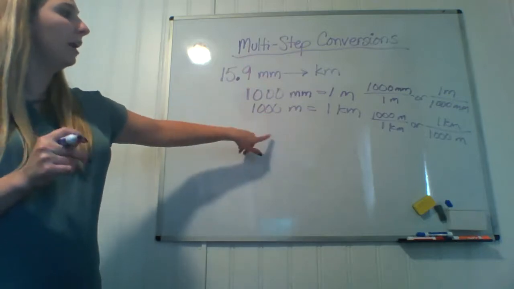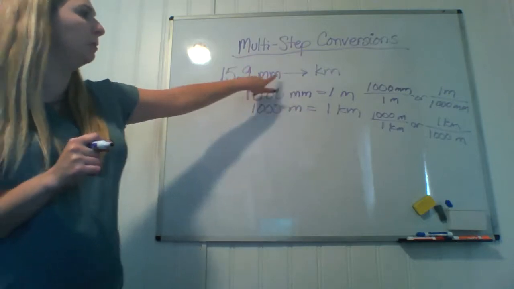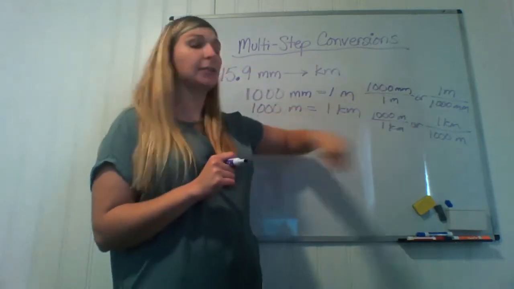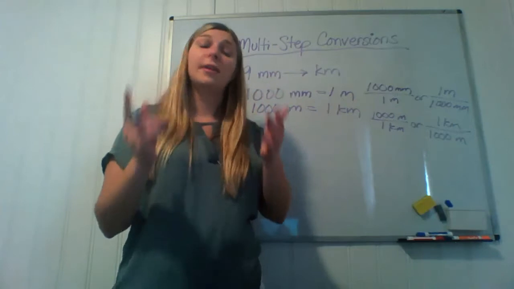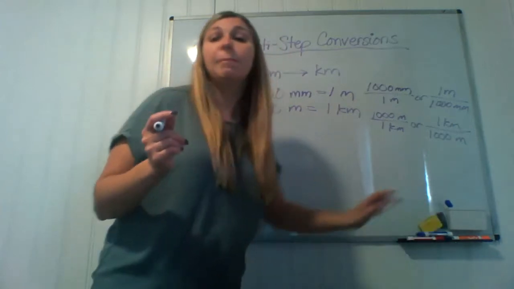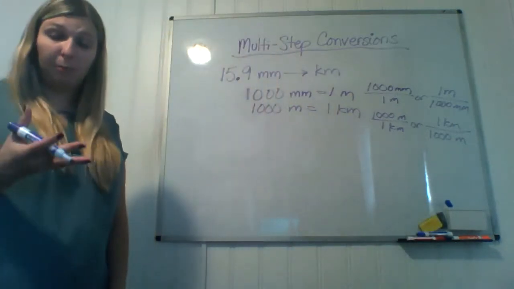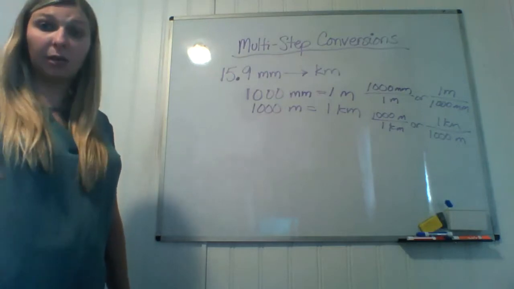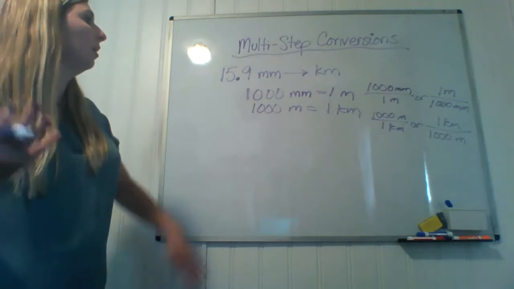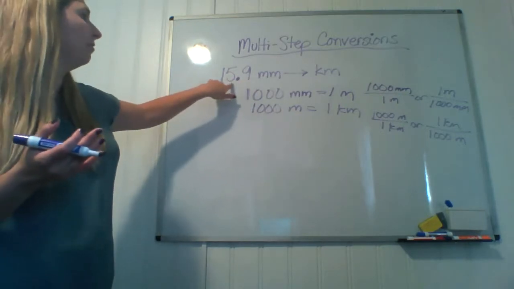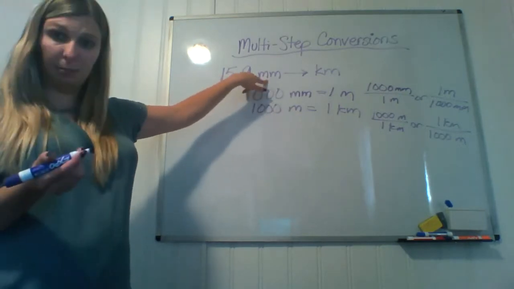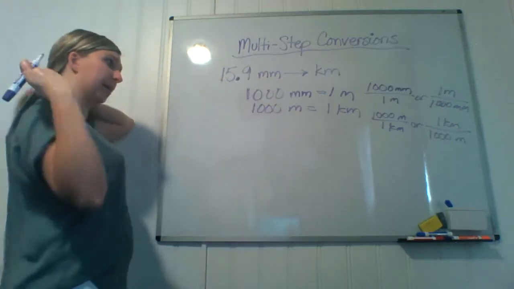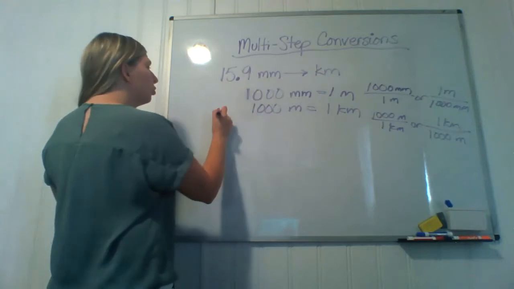Now that we know the relationships between these units, and we know the different conversion factors that can be used, the next step is to begin with our given information. What are we looking to start with, and what are we going to convert it to? We're going to start with 15.9 millimeters. Okay, so I'm going to make a plan here.